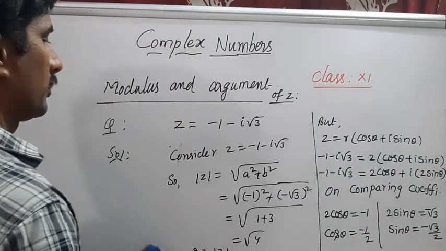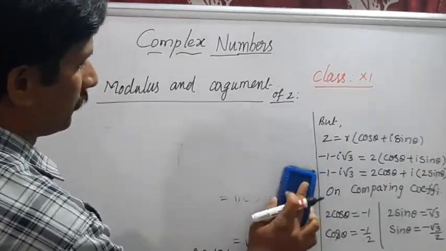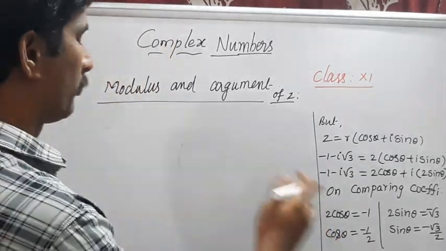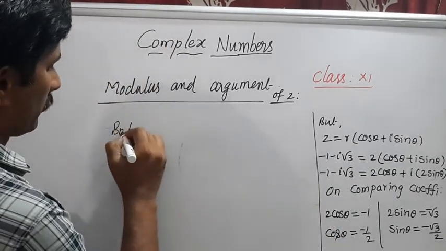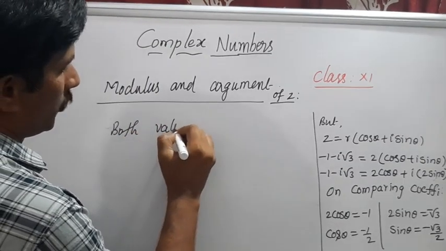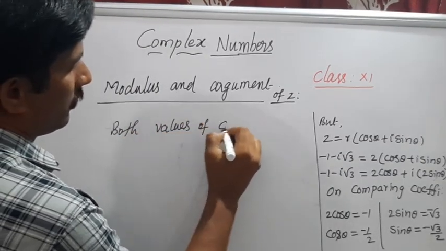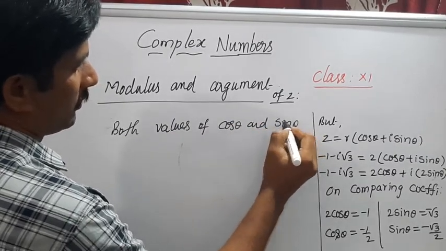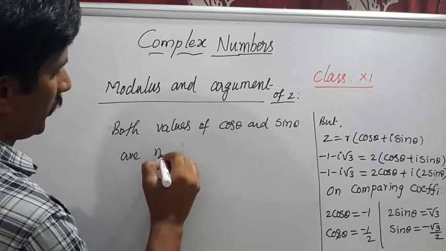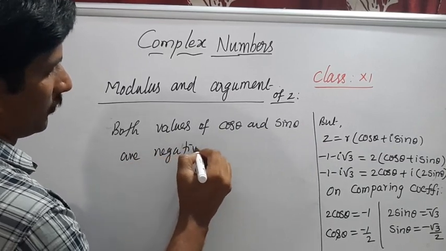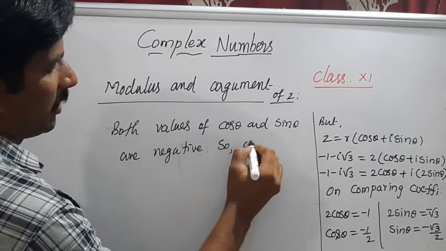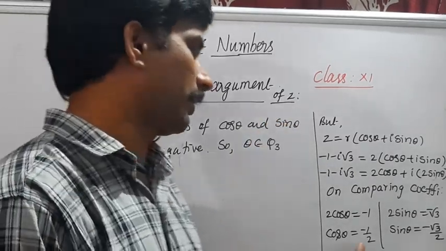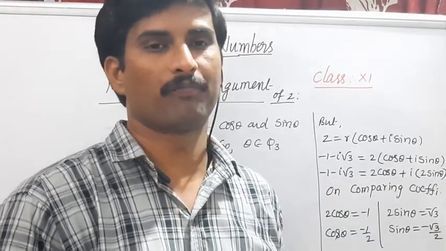So observe here, both the values of cos theta and sin theta are negative. So theta belongs to third quadrant. Whenever sin and cos are negative, then theta belongs to third quadrant.